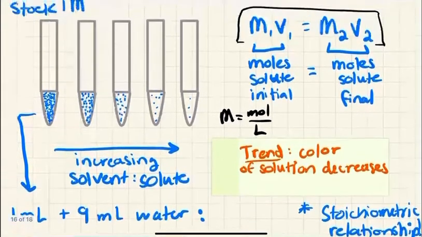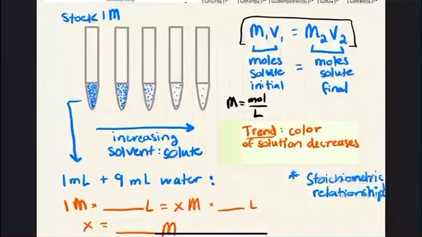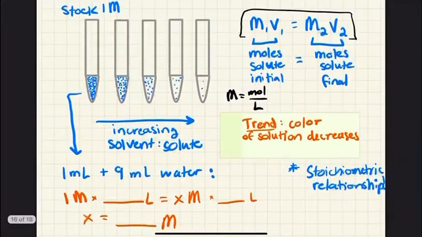And just to illustrate how we can use the molarity formula and calculate the concentration of a new solution when we dilute it, we could take 1 milliliter of our stock solution and mix it with 9 milliliters of water. That would give us a total volume final of 10 milliliters.